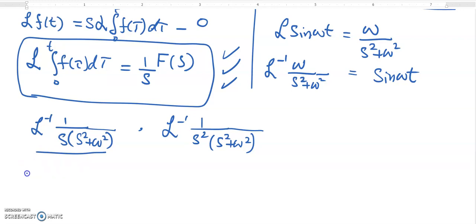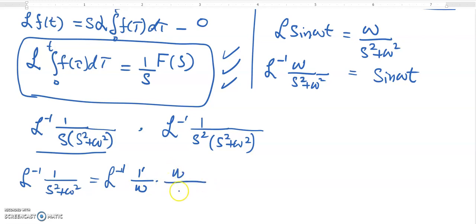So for example, we know that Laplace inverse of 1 over s square plus omega square, we can write like this: Laplace inverse of 1 over omega, and then omega over s square plus omega square.